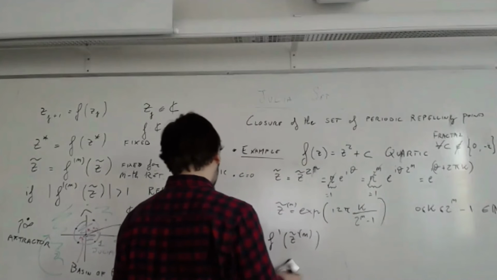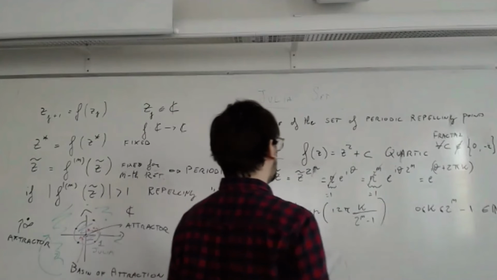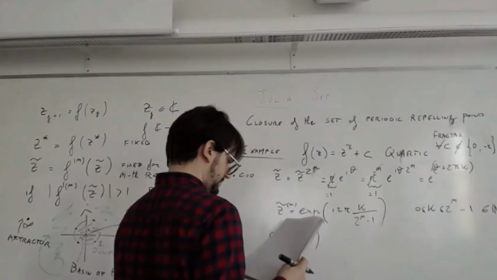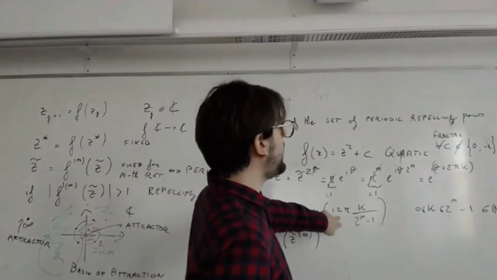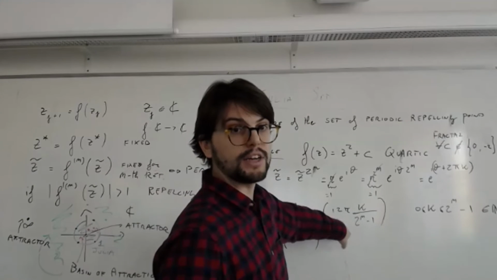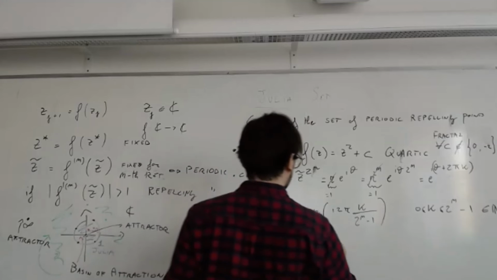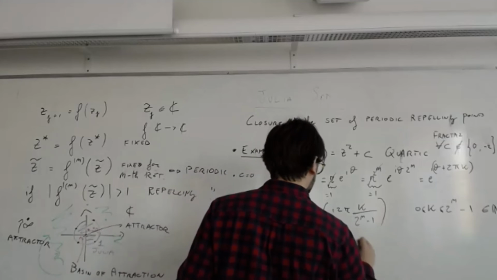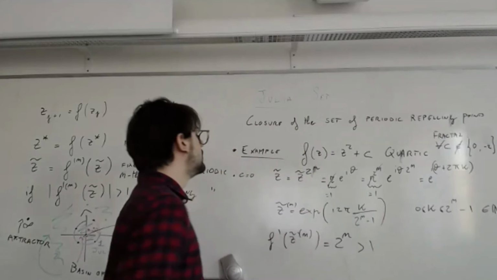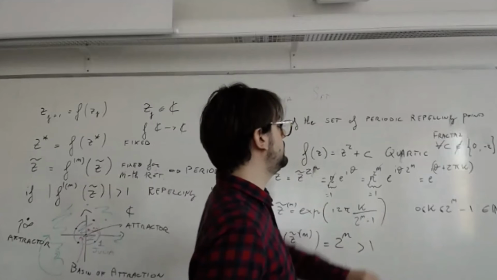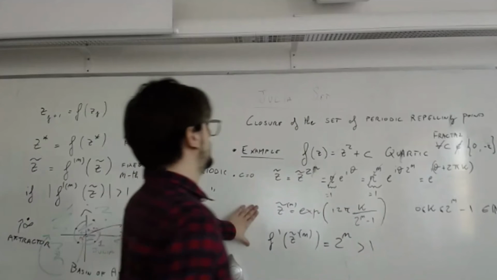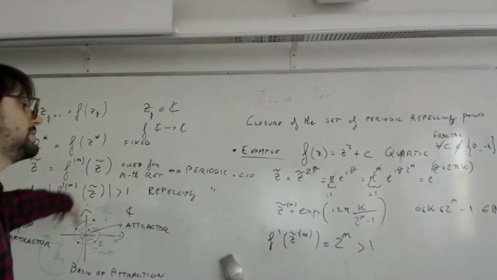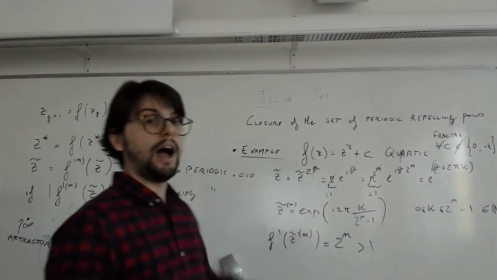And if you do that, when you differentiate the exponential, you get something to the n that is definitely greater than 1. So this gives you the fact that the periodic points on the unit circle in this specific case are repelling.